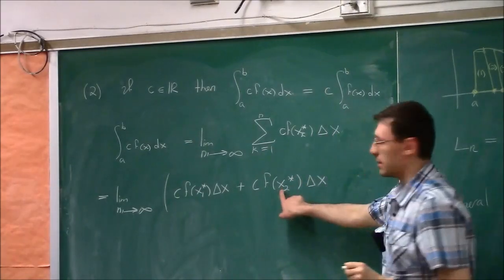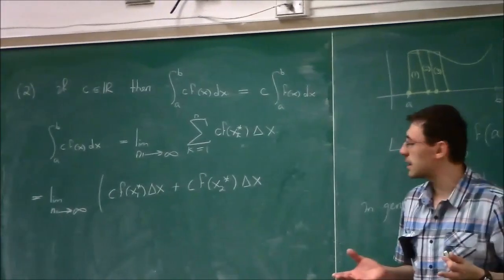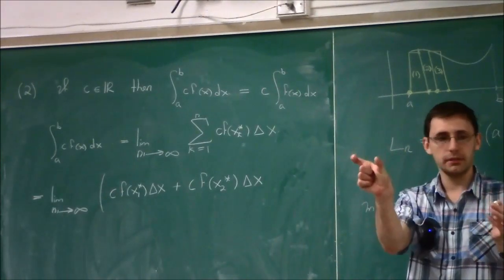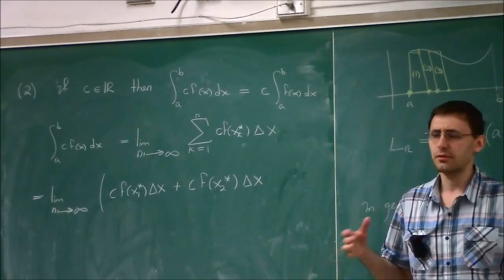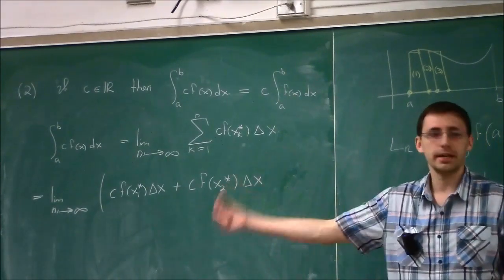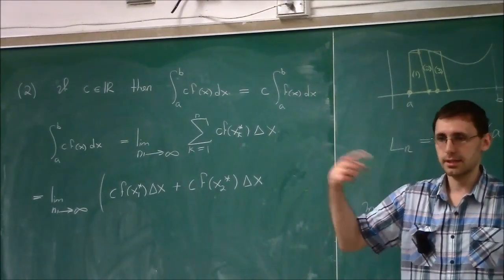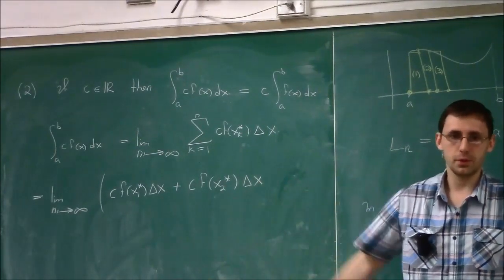Do you understand what I mean by star? By star, I mean I don't know where this point was selected. It was selected somewhere within this interval segment, and I just don't care for the moment to specify it. When you do a calculation, you will usually pick the right endpoint or the left endpoint or some other point that is very easily described through a recursive process.